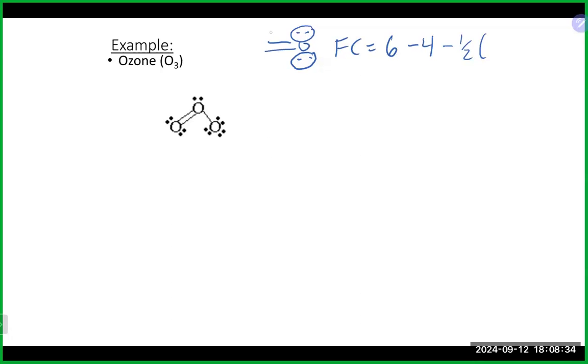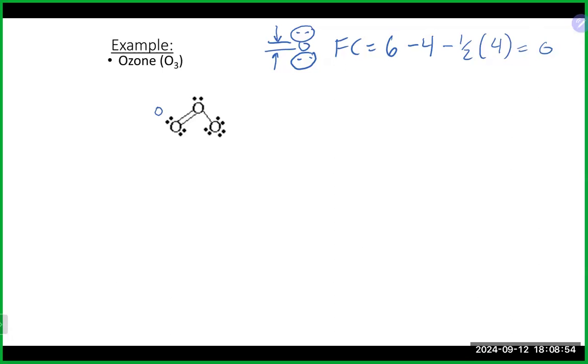Each line represents how many electrons? 2, right? So that's 2, and that line is 4. So that is 6 minus 4, which is 2, minus 1/2 of 4, which is 2. That means this oxygen is carrying a 0 for its formal charge.